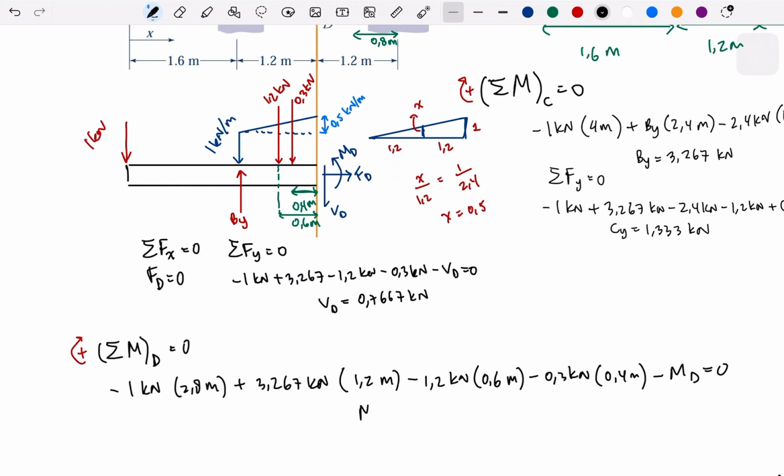If you check, the moment is going to be around 0.28. Since it's positive, then it should be, or maybe negative. Sorry, maybe this is negative. Negative, right? Yeah, it should be negative.